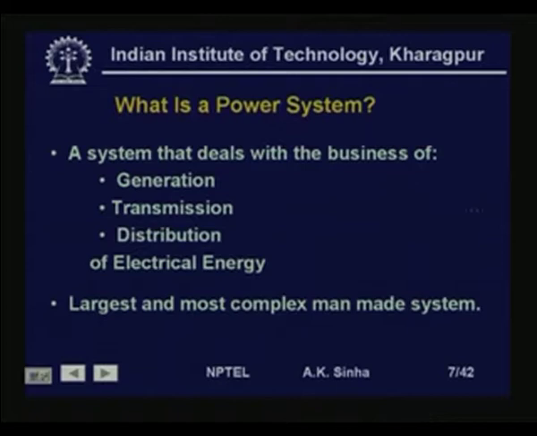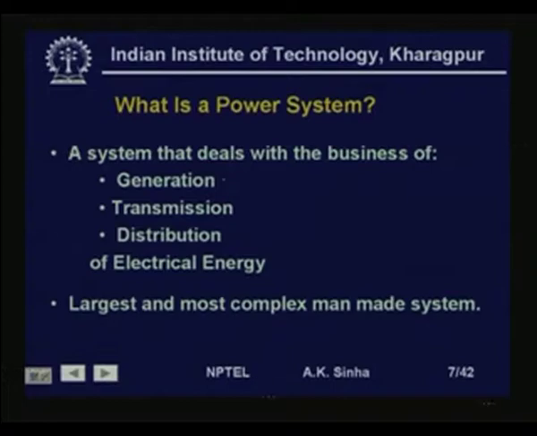That is, a business which deals with all three aspects: generation, transmission and distribution of electrical energy up to the consumers, consists of a power system. That is, these make up the power system.